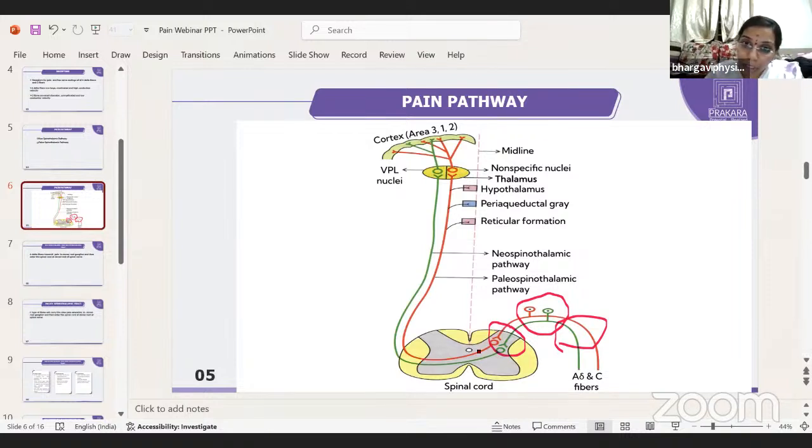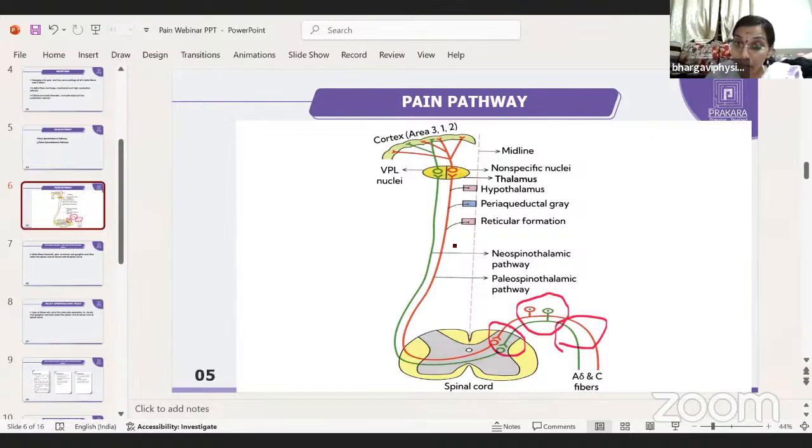Now from here the fibers cross to the opposite side, they ascend, and they are going to reach the cerebral cortex. Before reaching the cerebral cortex, it will reach the brainstem and the thalamus. Like that, stepwise it ascends upwards and reaches the cerebral cortex.